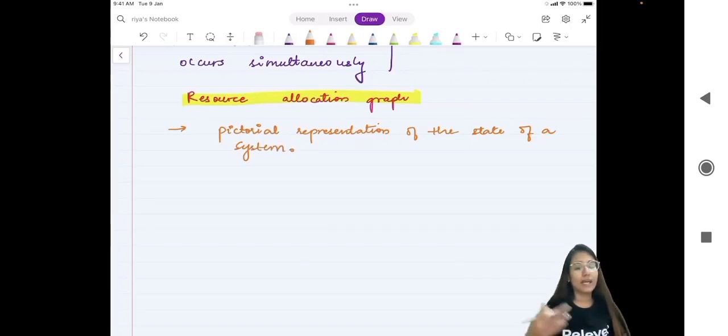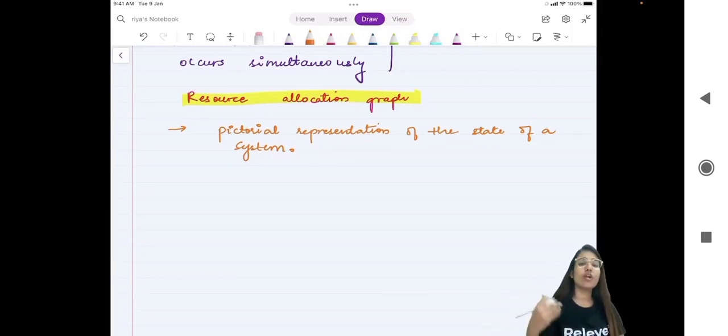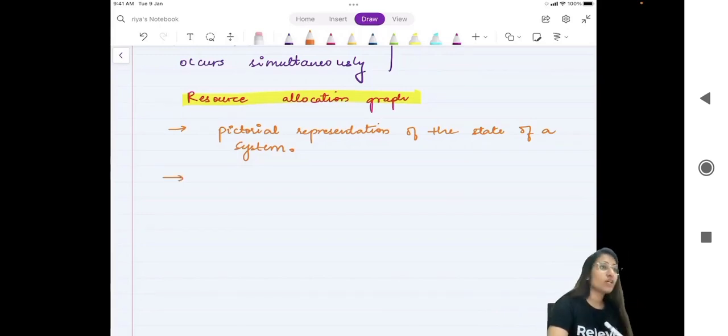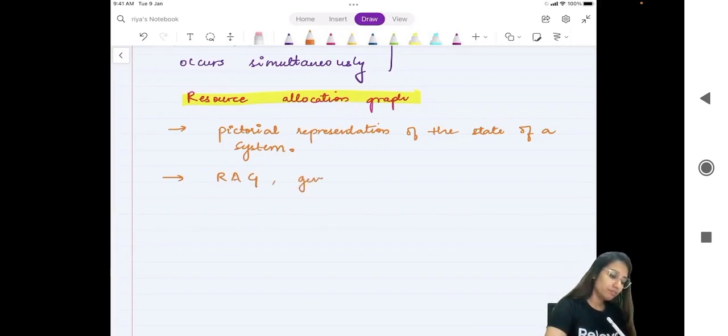Okay, as the name suggests, it gives complete information about all the processes which are holding some resources or waiting for some resources.